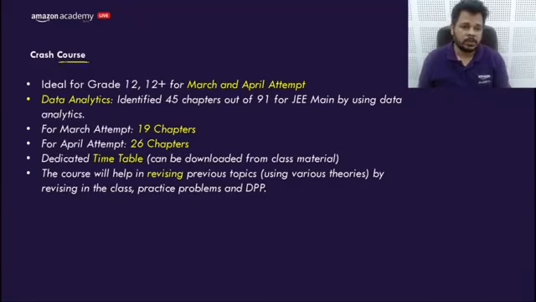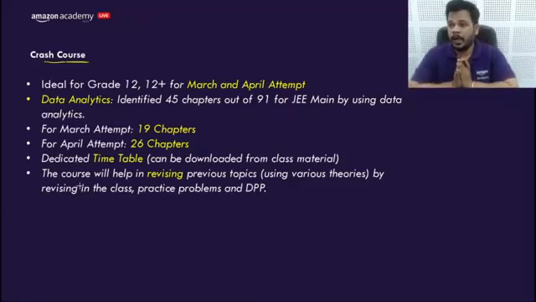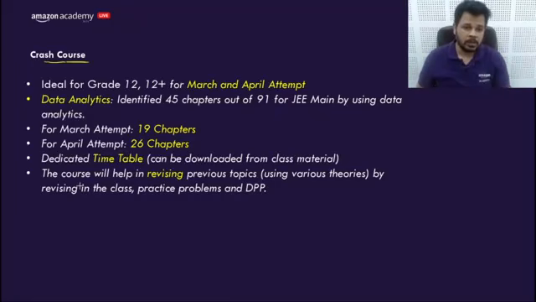So this crash course is all about preparing you to get maximum marks with minimum efforts. We made a research in which out of 91 chapters we need to prepare only 45 chapters.